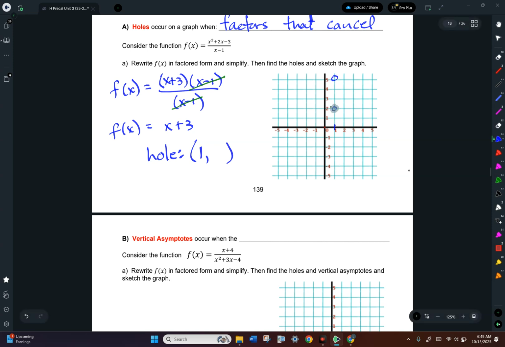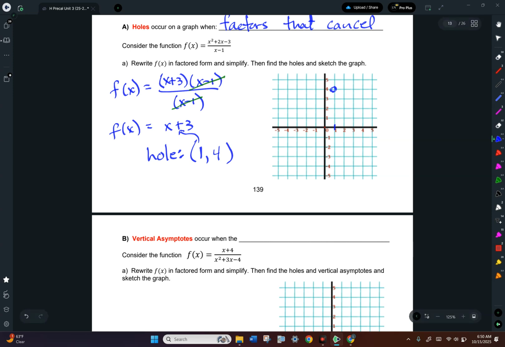So I need to get more specific and write it as an ordered pair. Anytime you have an x and you're trying to find the y, you just substitute that into the equation. If I put a 1 in for x, I'm going to have f of x equals 1 plus 3. So the hole is at 1, 4. Right there is the hole.